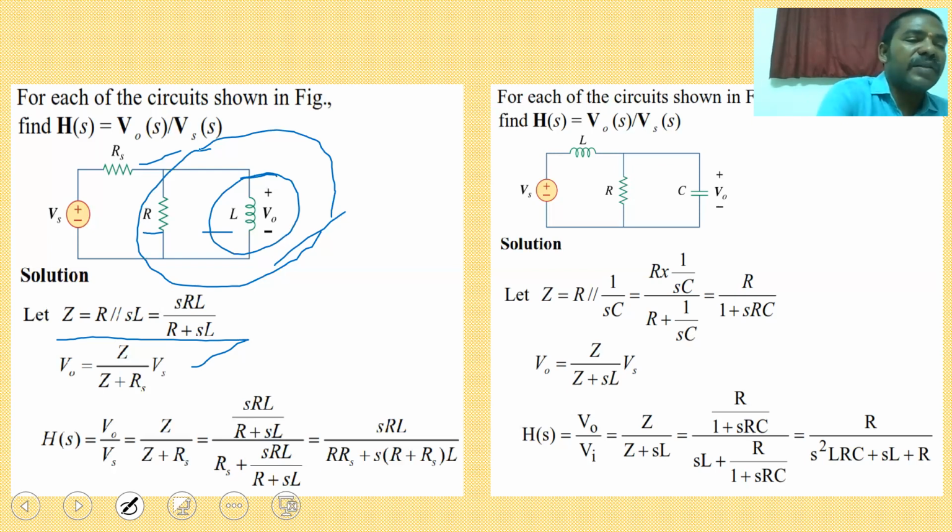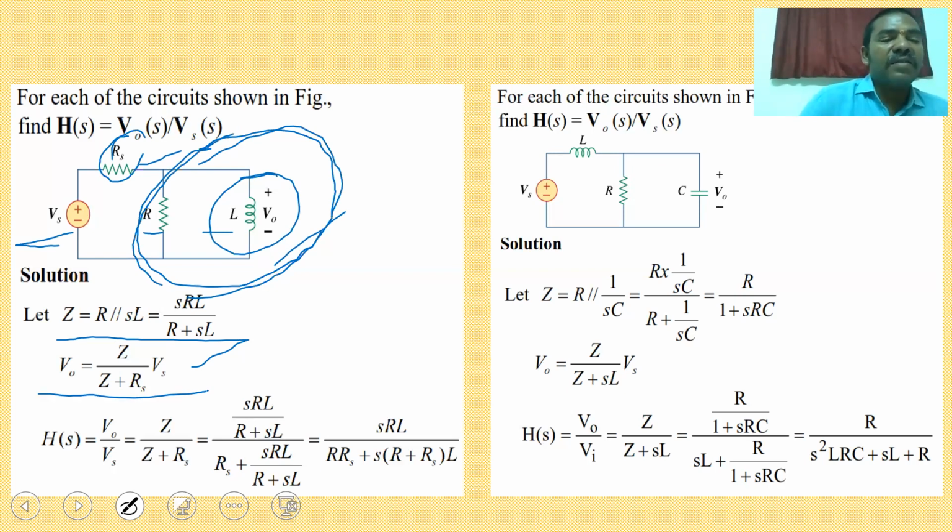So total voltage is Vs. This impedance and this impedance are connected in series. So by using voltage division, V0 is equal to total voltage Vs into the same impedance Z divided by Z plus Rs. So finally V0 by Vs is equal to Z divided by Z plus Rs.